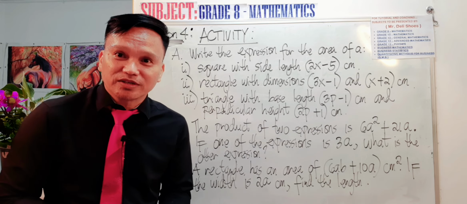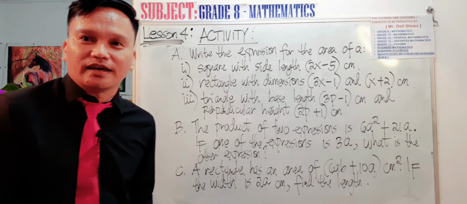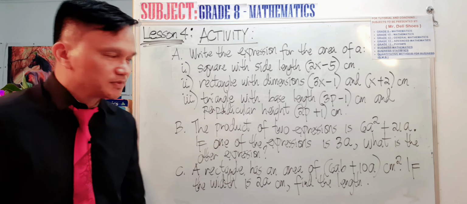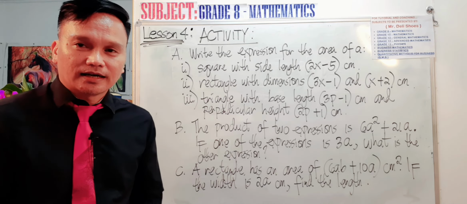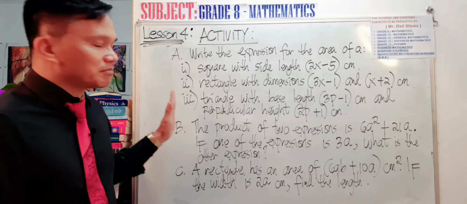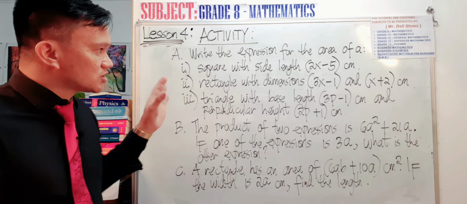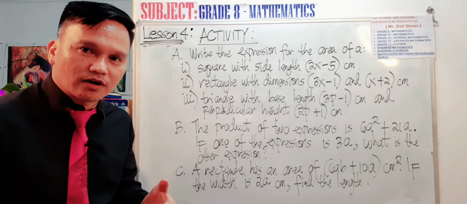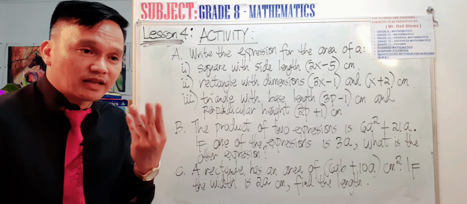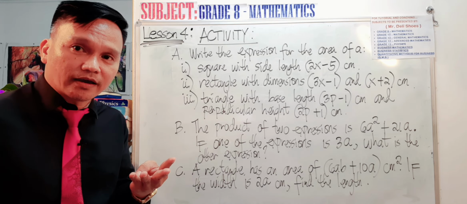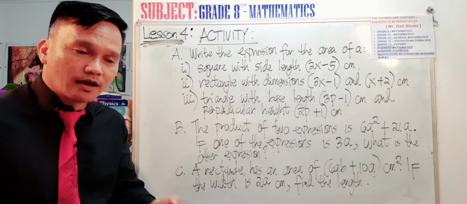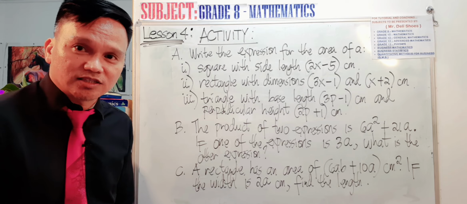All right, ladies and gentlemen, my grade 8 students around the world, especially the grade 8 students here in Papua New Guinea, in the Philippines, and wherever you are in the world, we have done this lesson number 4 under algebra. This is quite a challenge, but this is just a summary of what we have discussed in the previous lessons: 1, simplifying algebraic expression, 2, factorizing algebraic expression, and 3, evaluating algebraic expression.